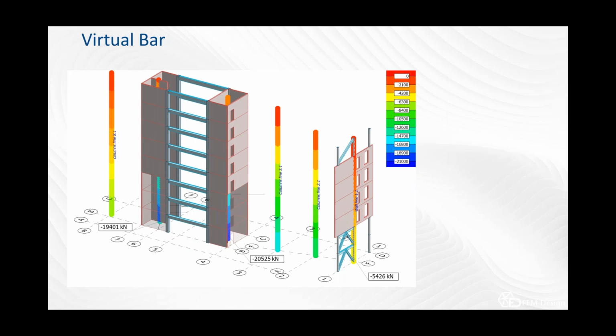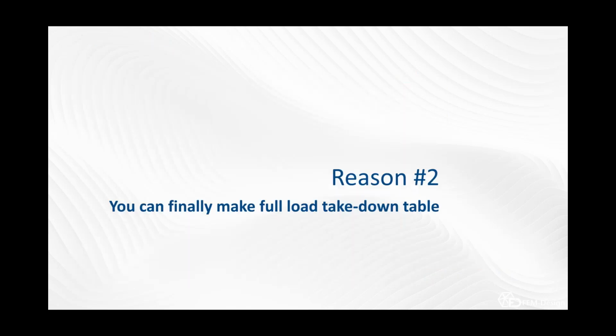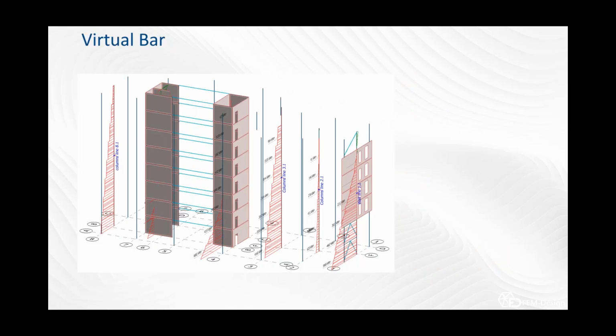But by using the virtual bar, it's now really easy. It includes the columns, it sums the walls and columns, so quite handy. Saves us a lot of trouble. Now, a load takedown, also by using the virtual bar.